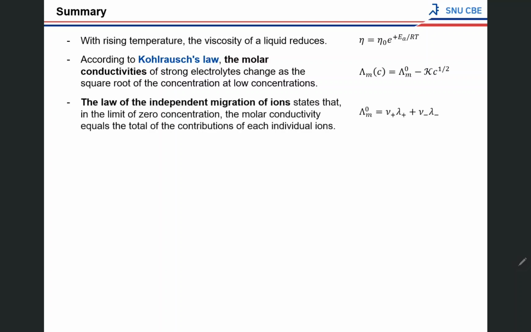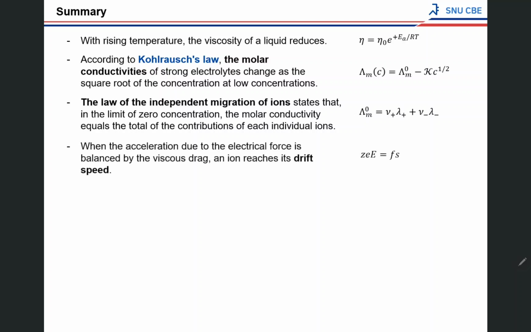We also discussed the law of independent migration of ions, and the relation between the drift speed and the electrostatic field, which explains the size of the drift speed under the force equilibrium between the viscous drag force and the electrostatic force.